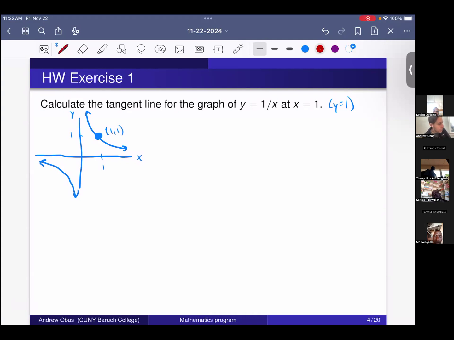And the tangent line, you don't have to draw this to do the problem, but I'm just trying to draw it so that we can see visually what's going on. The tangent line looks like this, right? This is the tangent line. And we know that the tangent line passes through 1, 1. Okay.